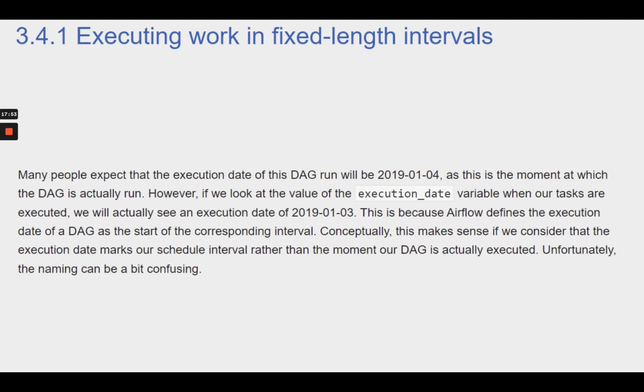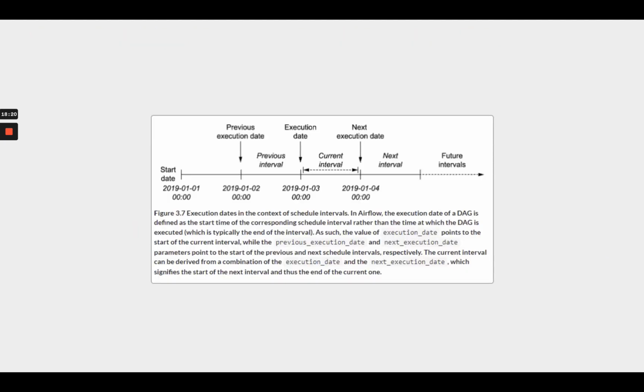However, if we look at the value of the execution_date variable when our tasks are executed, we will actually see an execution date of 2019-01-03. This is because Airflow defines the execution date of a DAG as the start of the corresponding interval. Conceptually, this makes sense if we consider that the execution date marks our schedule interval, rather than the moment our DAG is actually executed. Unfortunately, the naming can be a bit confusing.